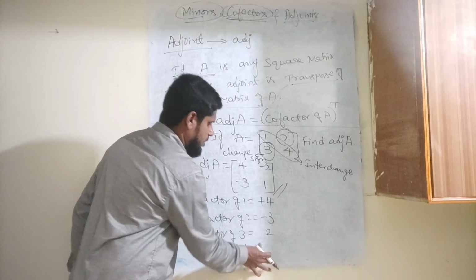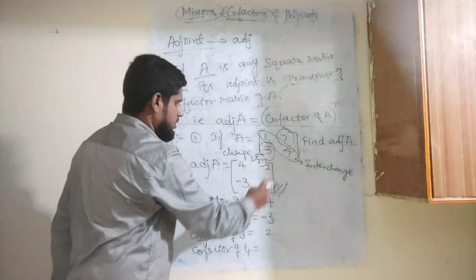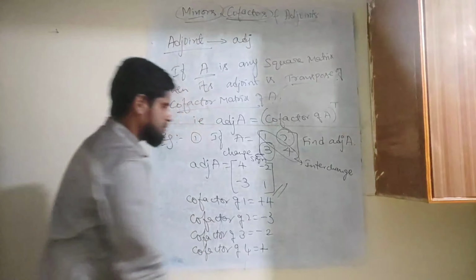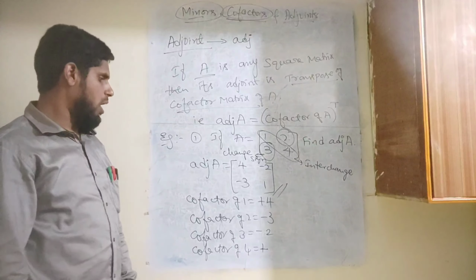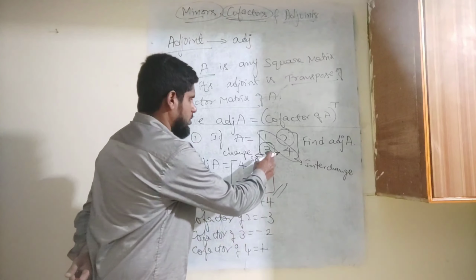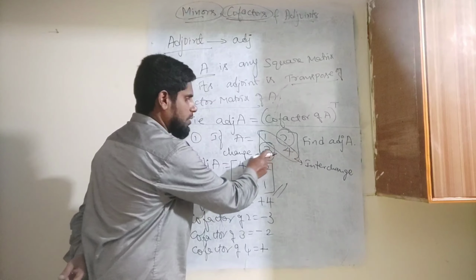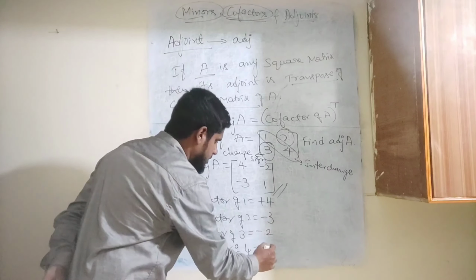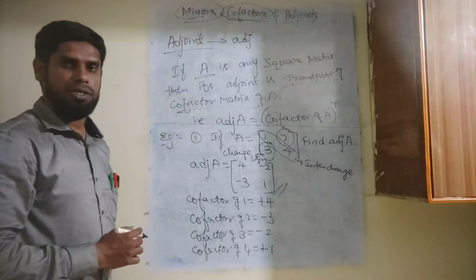Sorry, student. Here, for 2 cross 2, the hidden sign is plus, minus, minus, plus. Okay. The next, the cofactor of 4: eliminate the row and column. The left out part is 1. Hidden sign is plus and it is +1.